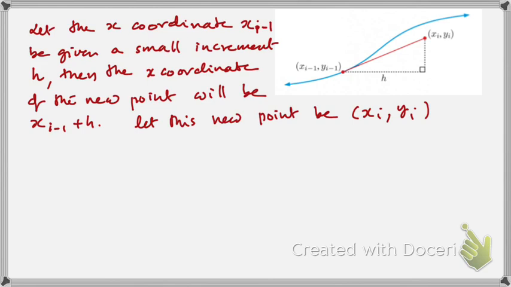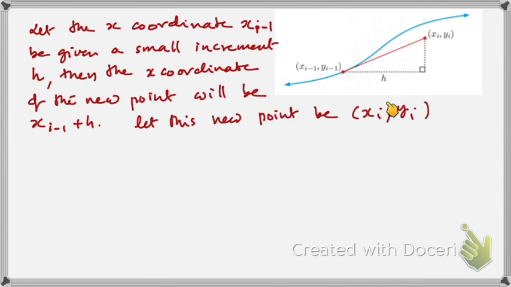My approach here would be to find an expression or a method to find this new y_i without actually solving the differential equation. If I had the solution, I would just substitute x_i into my solution curve and get the corresponding y value. But this is without solving the differential equation, without knowing what the solution curve is.